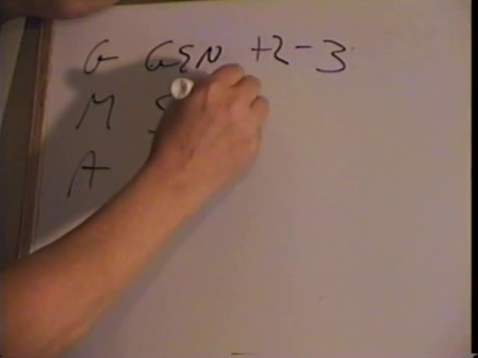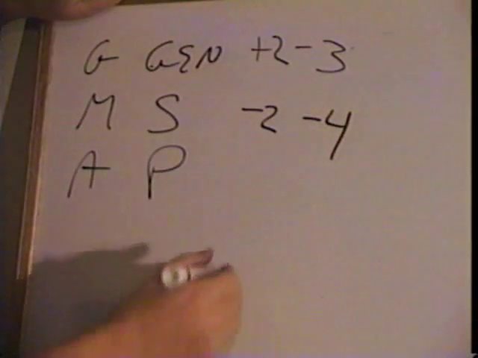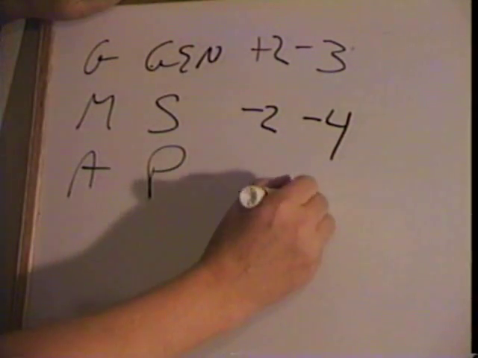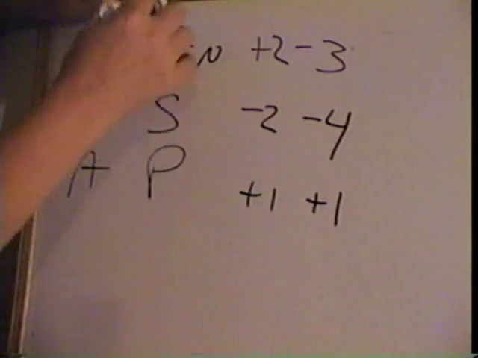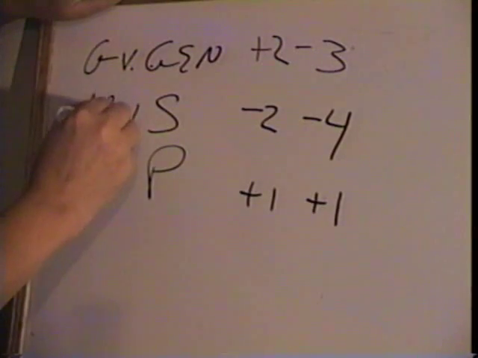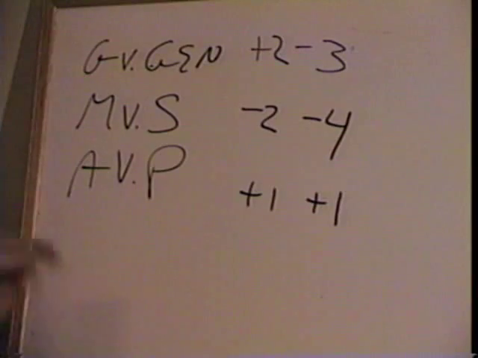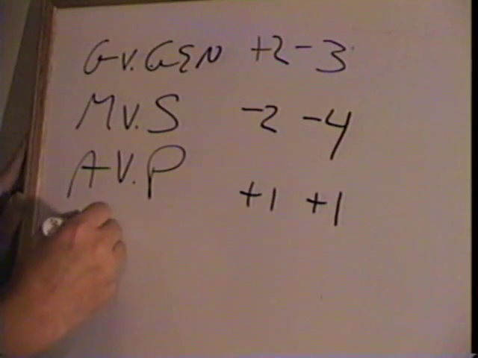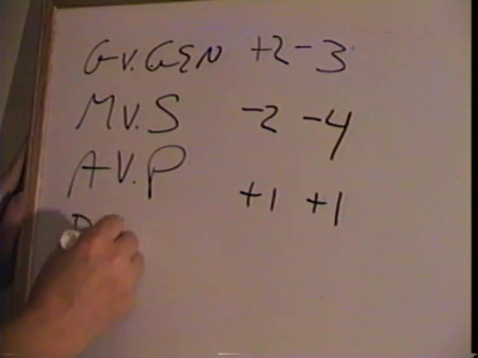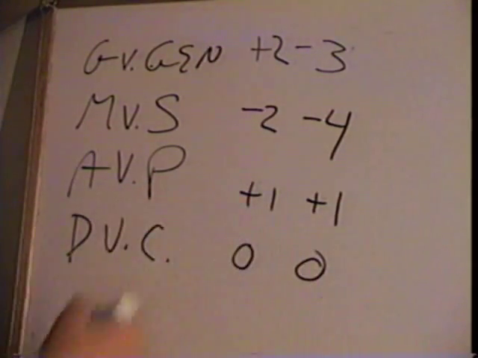Suppose we say this is a -2 and this is a -4. Suppose we say this is a +1 and this is also a +1. If we only had 3 through lines with their thematic conflicts, I'll do a 4th one. Let's pick something off here. Delay versus choice. Making a choice or holding off longer. And let's say this one's a 0, 0.